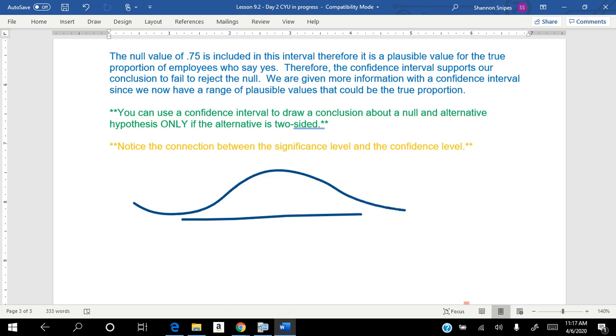So if I draw my horribly symmetric normal distribution curve, and if I do 0.90, remember how we have to write 90% will fall between the two values when we're doing a confidence interval? Doesn't that leave 10% down here in the tails of our picture? So that's the connection between the significance level and the confidence level.